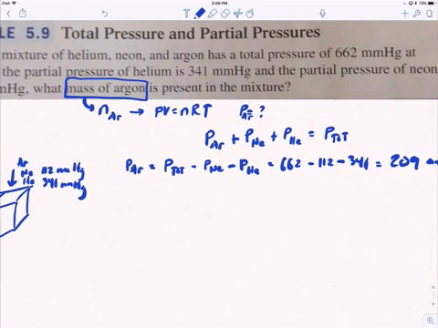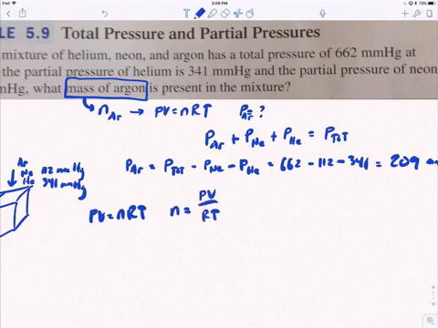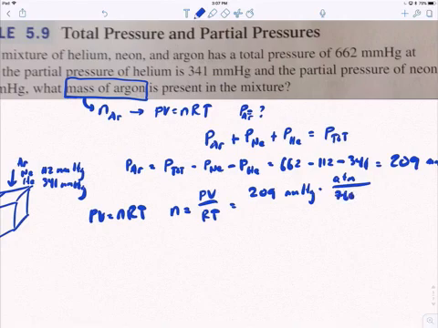And then PV equals nRT. And n equals PV over RT. The pressure is 209 millimeters of mercury, converted to atmospheres by dividing by 760.